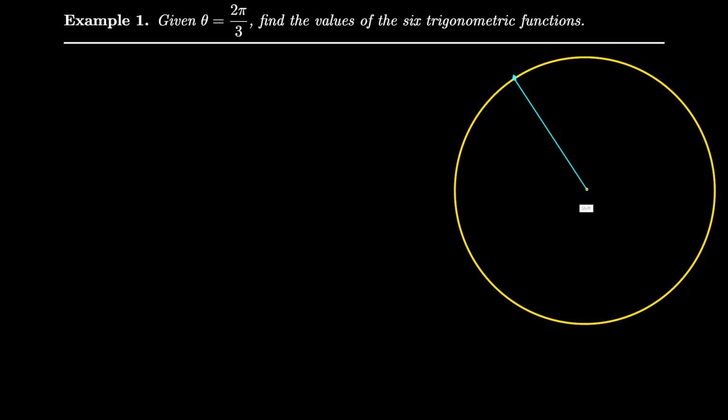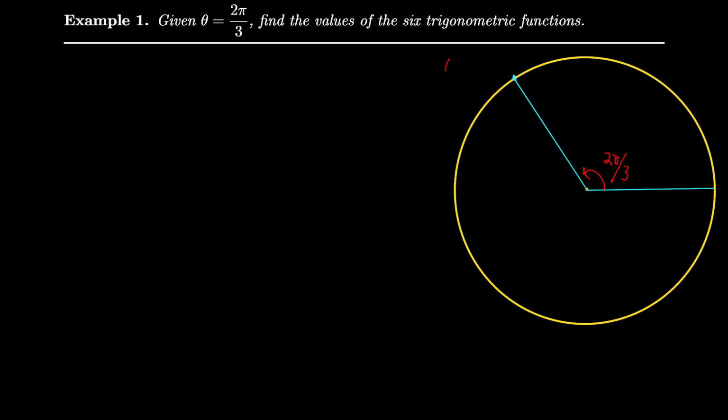Remember, the initial side is always just the positive x-axis. And what we're talking about then is this red angle. This red angle here is 2 pi over 3 radians, or 4 pi over 6, or 120 degrees.